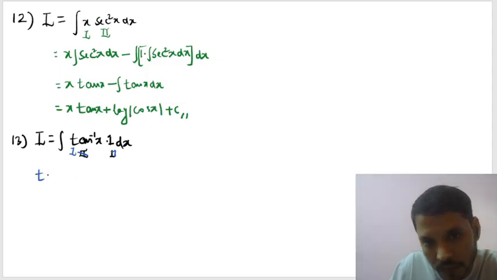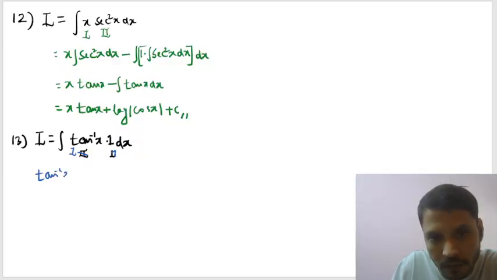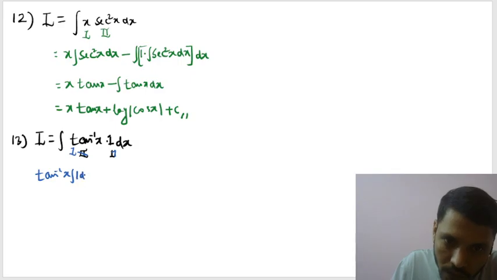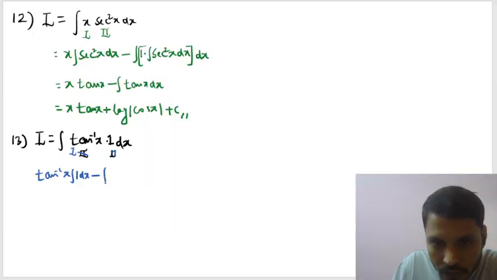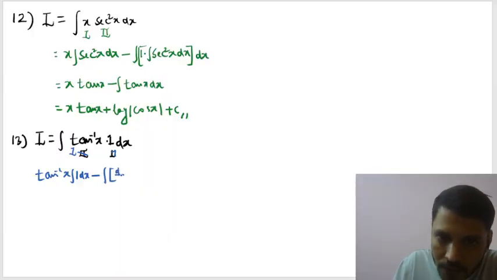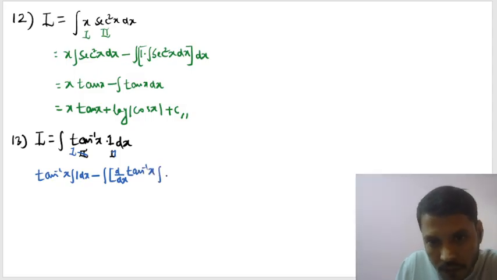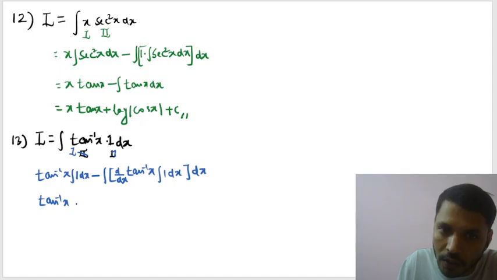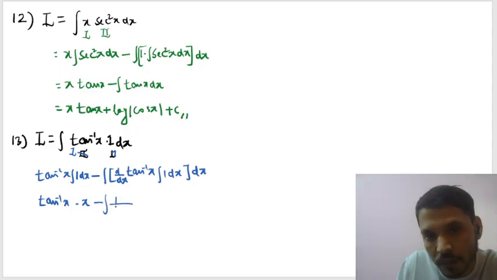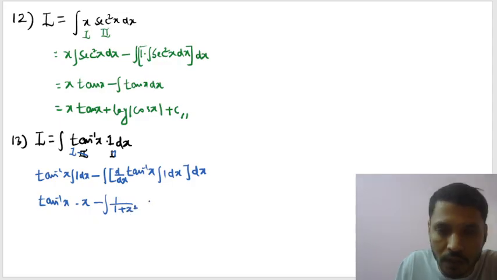So the first function, tan inverse x, stays as it is, and the integration of 1 into dx becomes x, minus the integration of the derivative of tan inverse x, which is 1 by 1 plus x square, and the integration of the second function, x into dx.